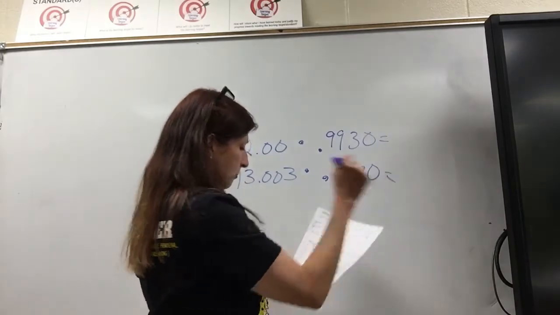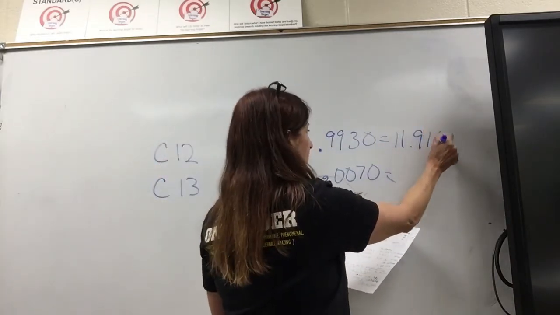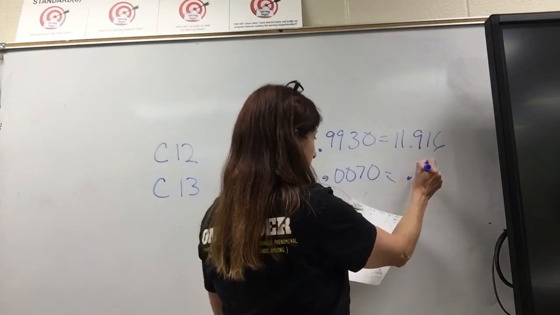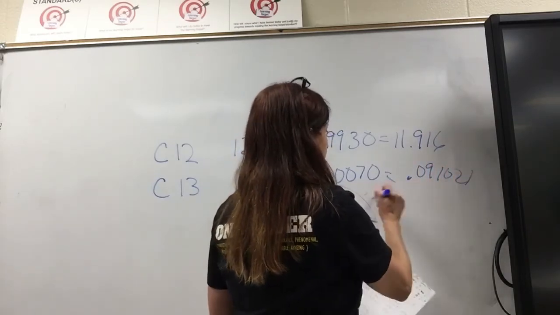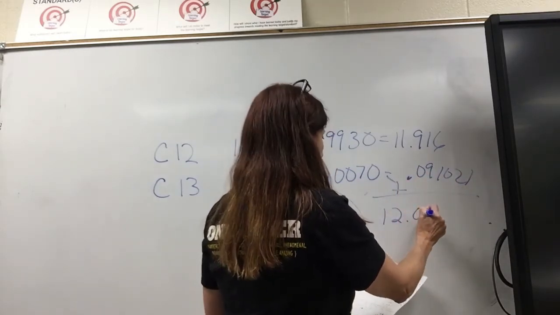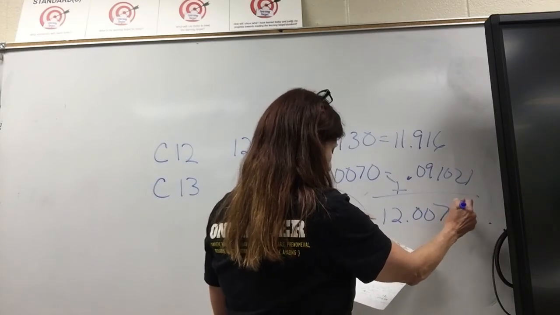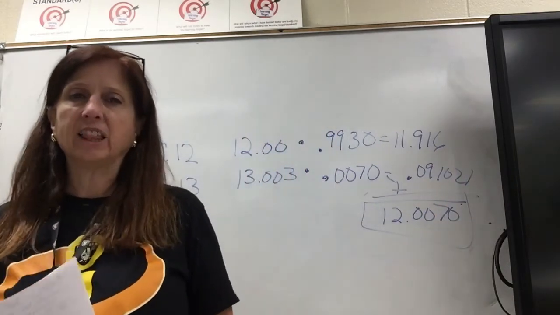We multiply them, and this one is 11.916, and this one is 0.091021. We add them together, and the mass ends up being 12.0070, something like that.